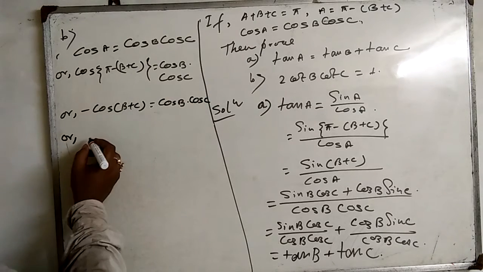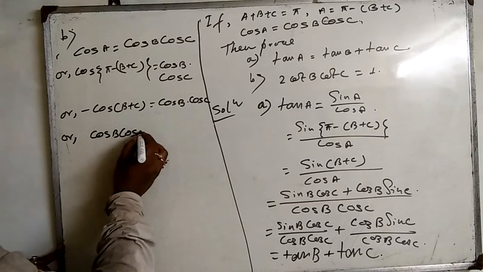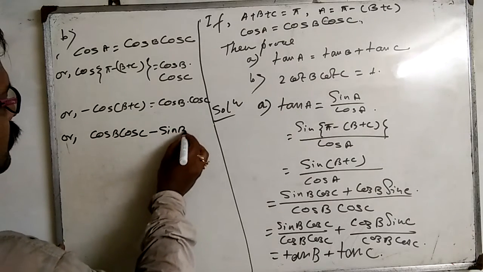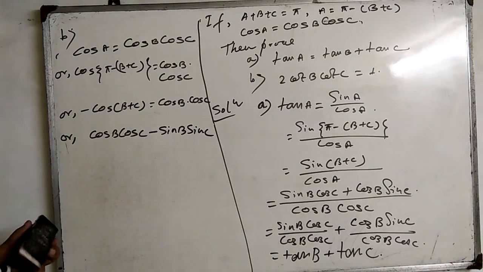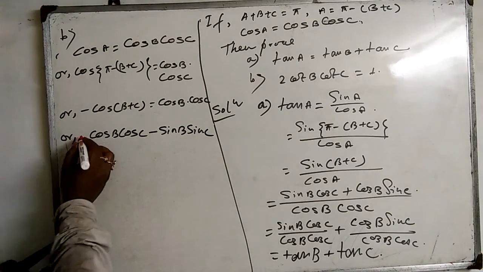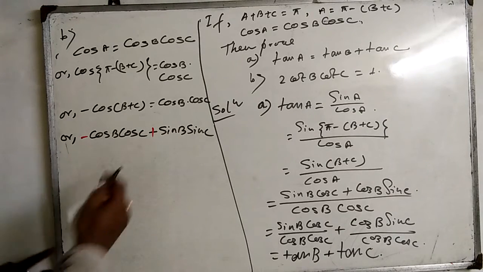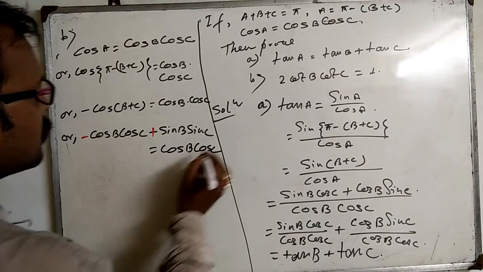Expand cos b plus c: cos b cos c minus sin b sin c, but minus will be here, so that will be minus and that will be plus, equals cos b cos c.